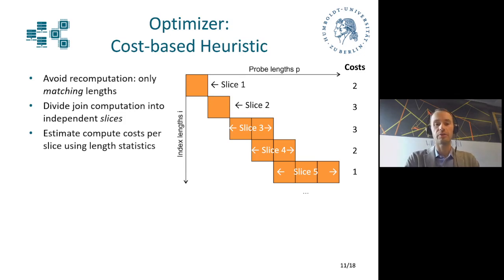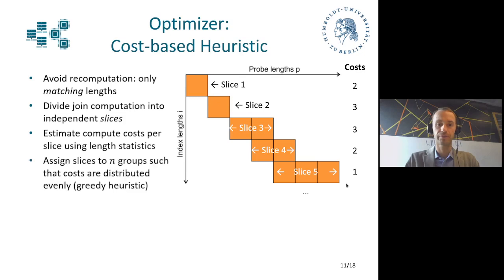Next, we estimate the compute costs per slice using the length statistics. I omit the formula here, it's in the paper. Let's assume these costs here to the right, which are the respective costs to each slice. Then we assign slices to n groups. We predefine n such that the costs are distributed evenly with a greedy heuristic. Let's have a look at an example. If we choose n equals 2, we get 2 groups.